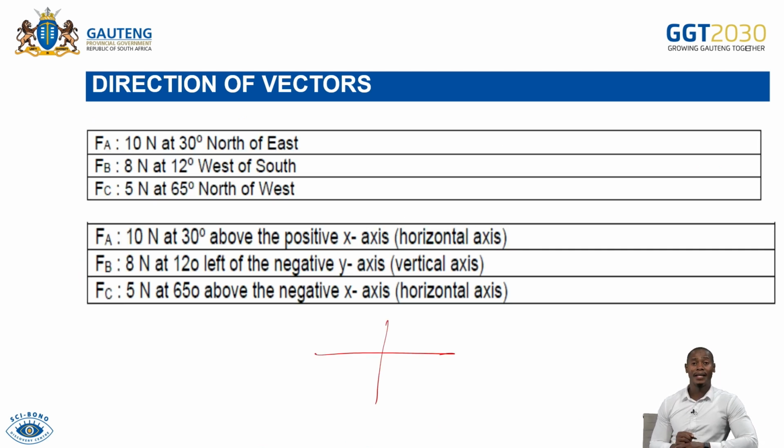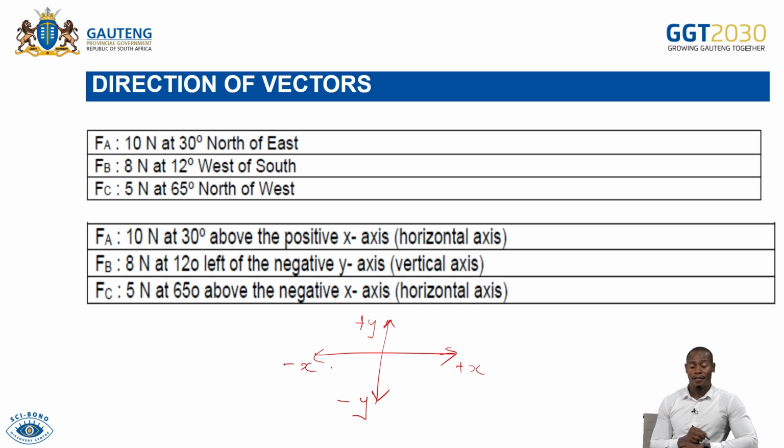This is your Cartesian plane. Here you have your positive y-axis, your negative y-axis, your positive x-axis, and your negative x-axis.